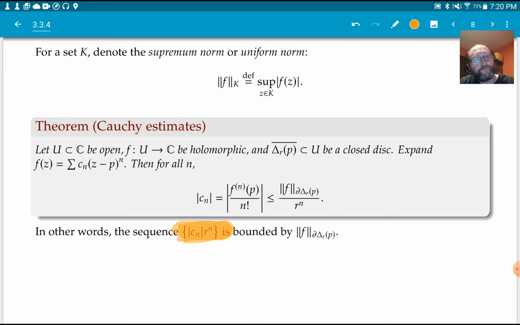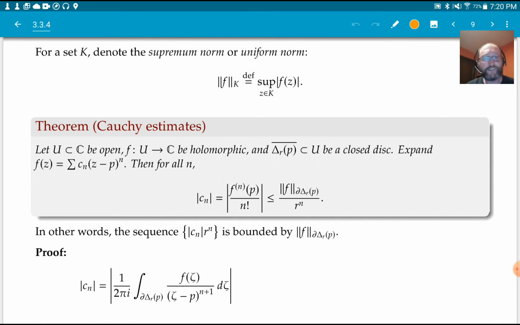That was one of the convergence tests for power series. So we had that this is bounded. Well, now we know exactly the bound. It's actually the maximum of the values of the function on this circle of radius r. So now you know what that bound is. We're not just saying that it's bounded. That's what this bound is.